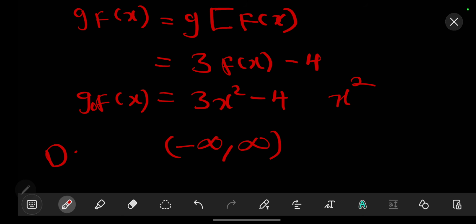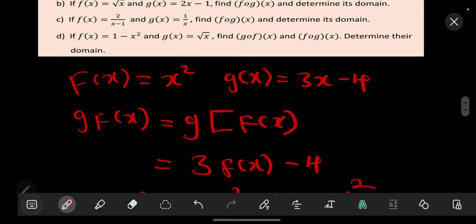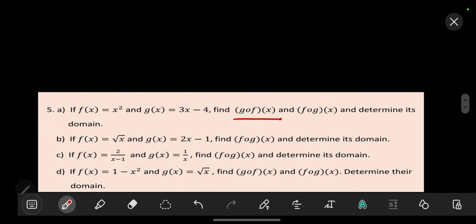In other words, all the real numbers. As long as you put them here, it could be a 0, it could be a 1, it could be a 2. Whatever value you plug in, it shall always produce a real number, regardless of the value that you have put. Therefore, the domain of this composite function is from -infinity to +infinity, to show that you are including each and every value.